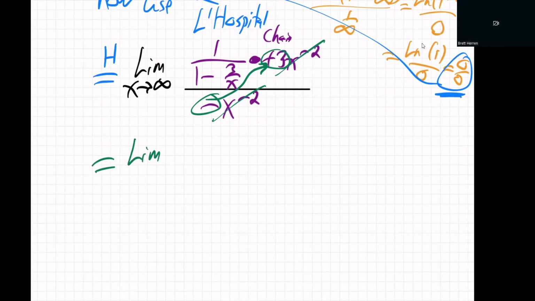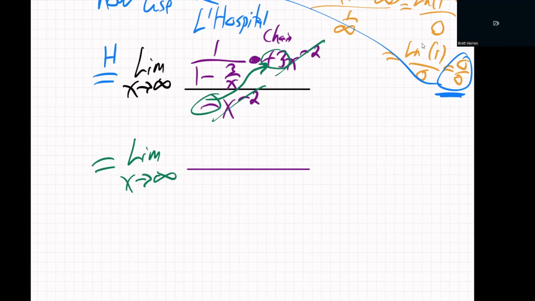Limit as x goes to infinity. I'm going to plug in infinity. This problem is almost done. It's just a big, ugly mess, but actually, it's not that messy. I'm going to plug in the infinity right here.